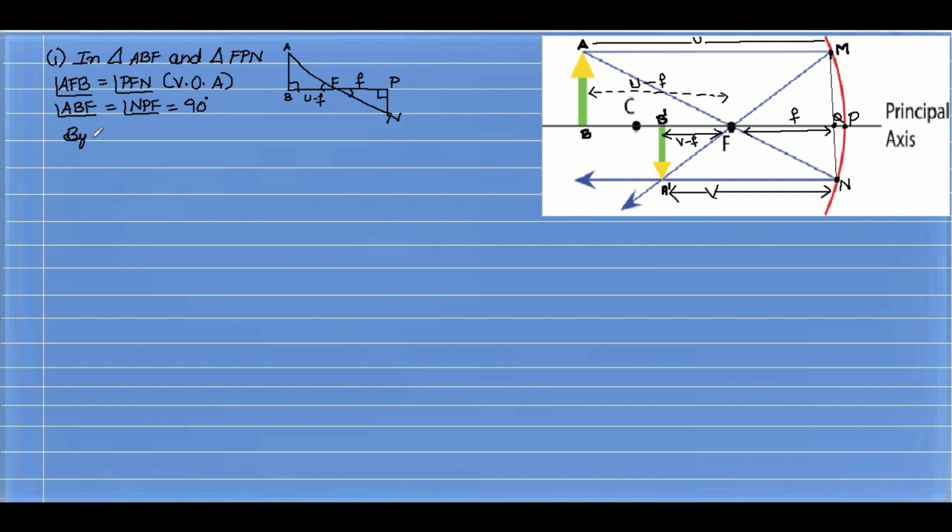So by the AA similarity criterion, that is the angle similarity criterion, if two angles of two triangles are equal, then the two triangles are similar to each other. That is, triangle ABF is similar to triangle FPN.